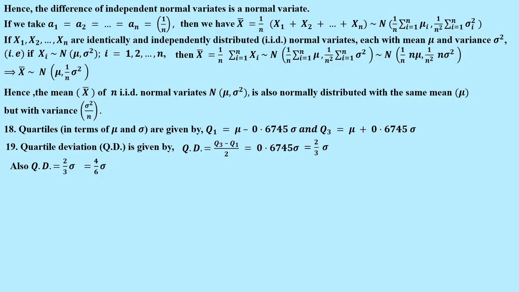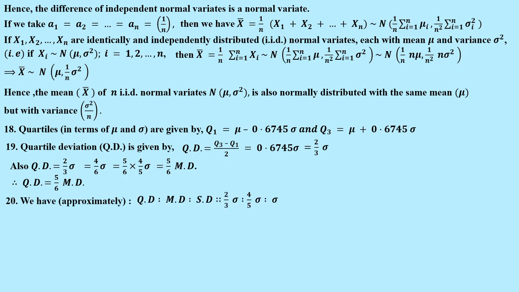You can multiply 2 and 2, and so otherwise 5 by 6 into 4 by 5, that is 5 by 6 mean deviation, right? So QD is equal to 5 by 6 mean deviation. Next we have approximately QD is to MD is to SD, the ratio of quartile deviation, mean deviation and standard deviation: 2 by 3 sigma is to 4 by 5 sigma is to sigma, that is 2 by 3 is to 4 by 5 is to 1.